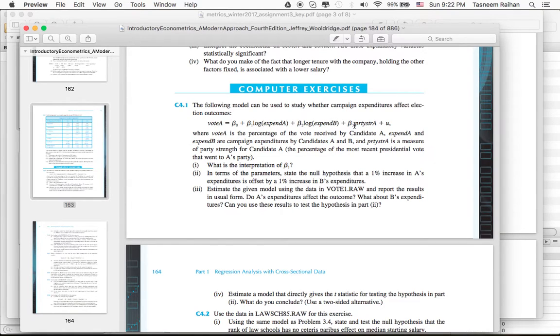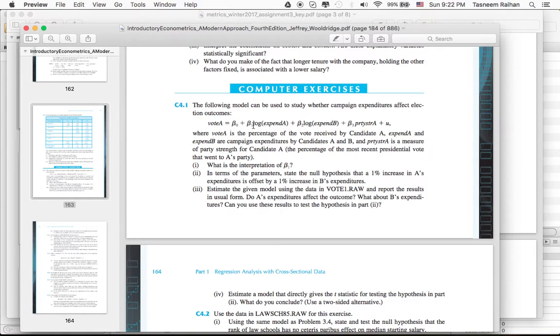But for this beta 3, you don't have to multiply or divide by 100 because the explanatory variable here is just in level, it's not in log. So, as I said, you have to divide beta 1 by 100.